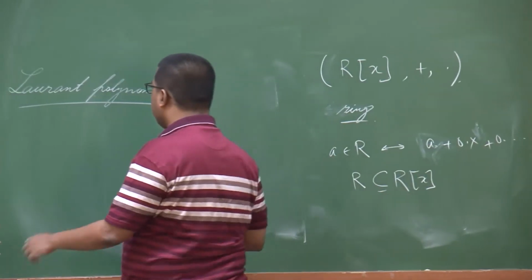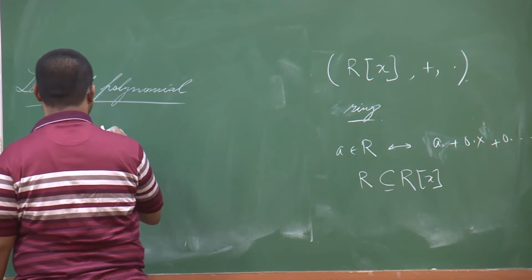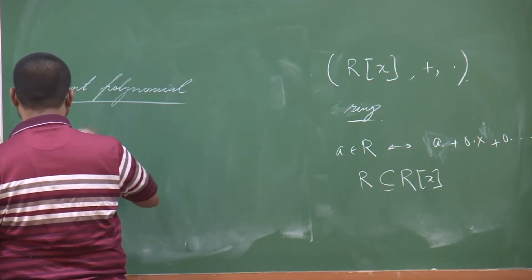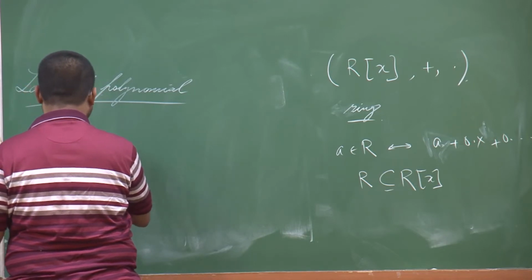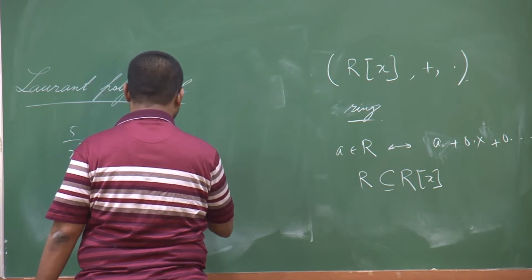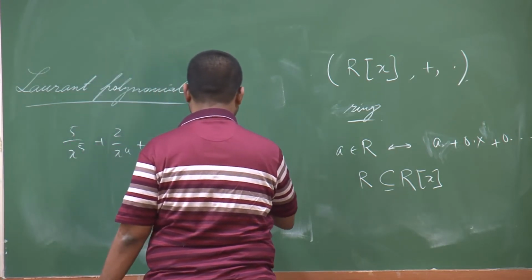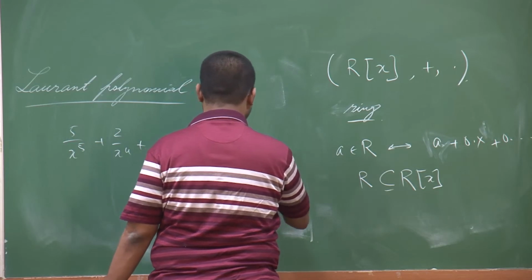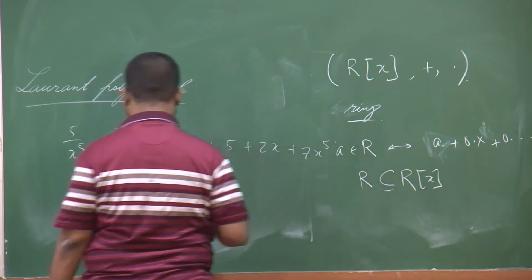Let me just write an example, then I will write down the precise definition. It is basically like this: 5x^5, 2x^4, then 3/x, plus some polynomial, 5 plus 2x plus 7x^5, something like this.